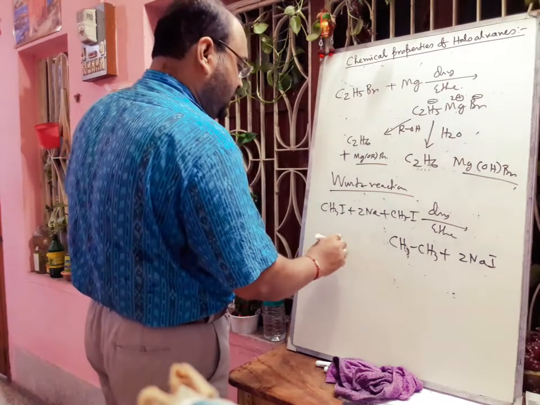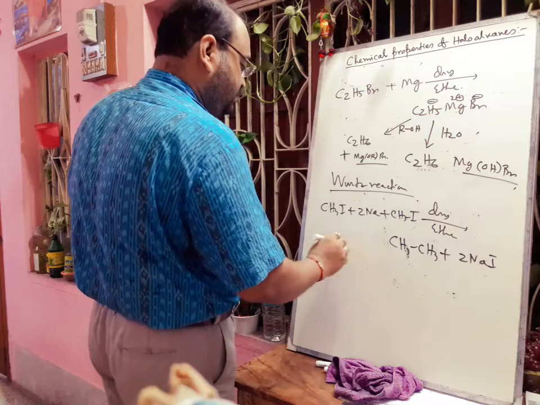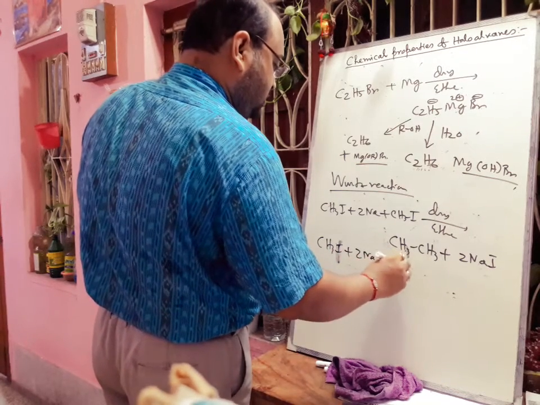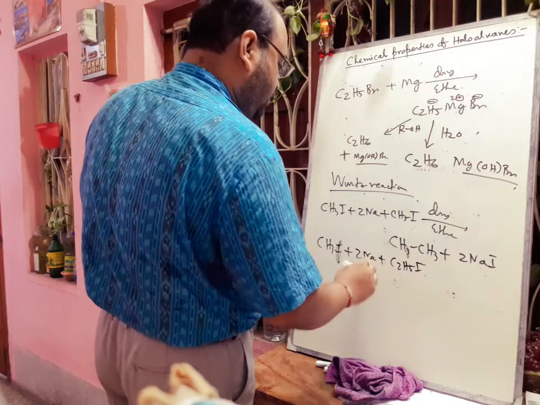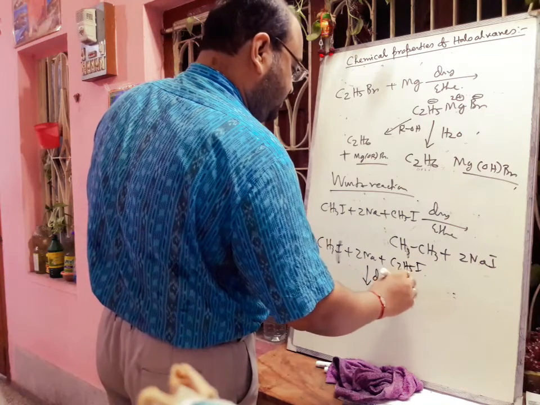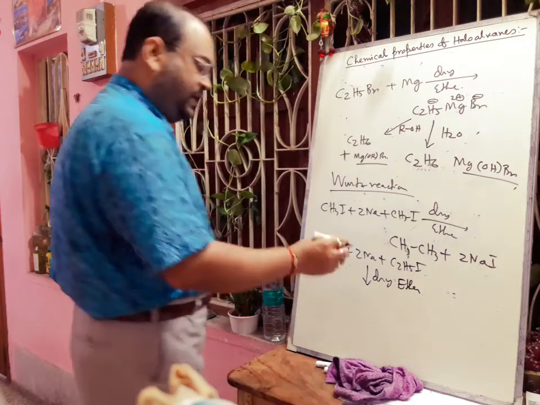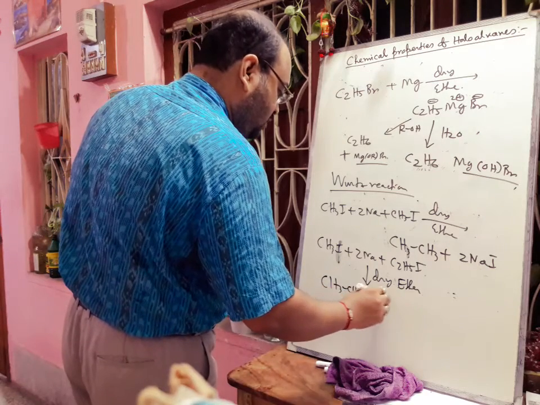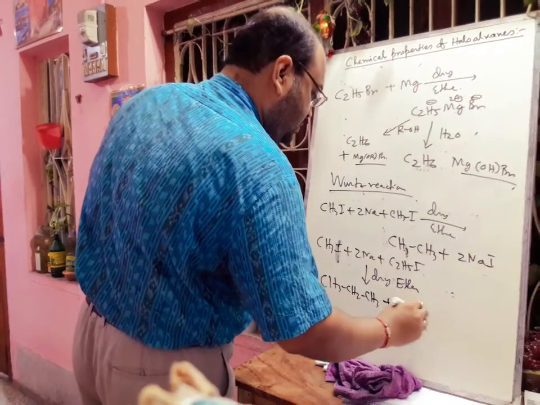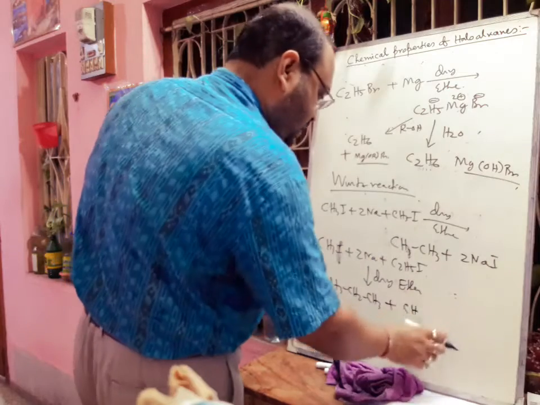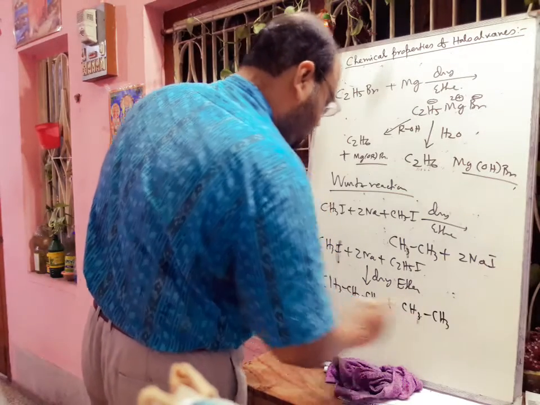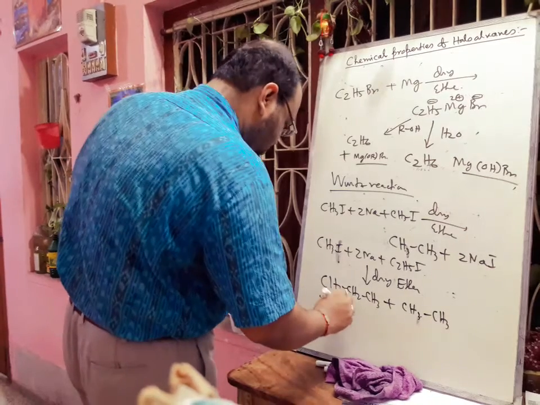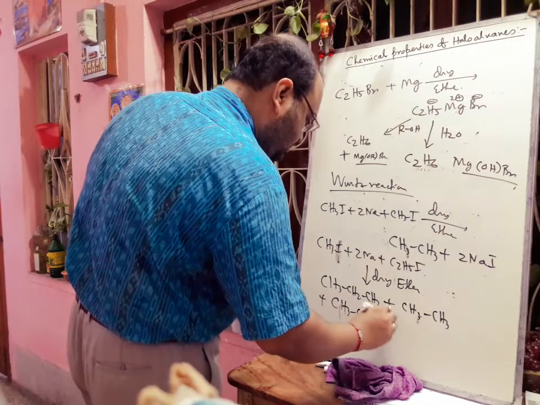If you want to prepare an odd number alkane, then there will be a problem. If we take methyl iodide plus ethyl iodide, and we want to prepare propane, then definitely there will be formation of propane, and along with this propane there will be formation of ethane, and there will be formation of butane also.